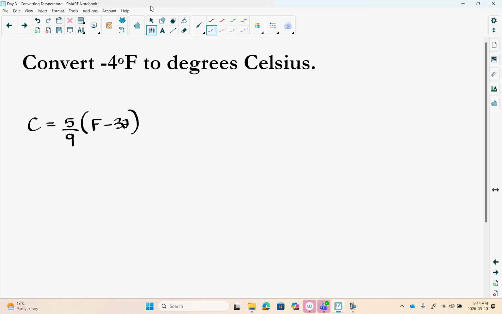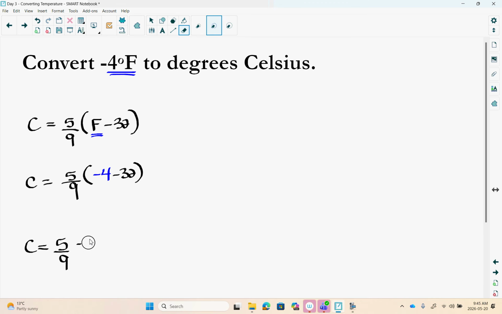Can anyone tell me what the temperature I start with in Fahrenheit is? I'm going to fill that right in here. So this would now say 5/9, left bracket, -4 minus 32. Do your brackets first. What's -4 minus 32? It's -36.